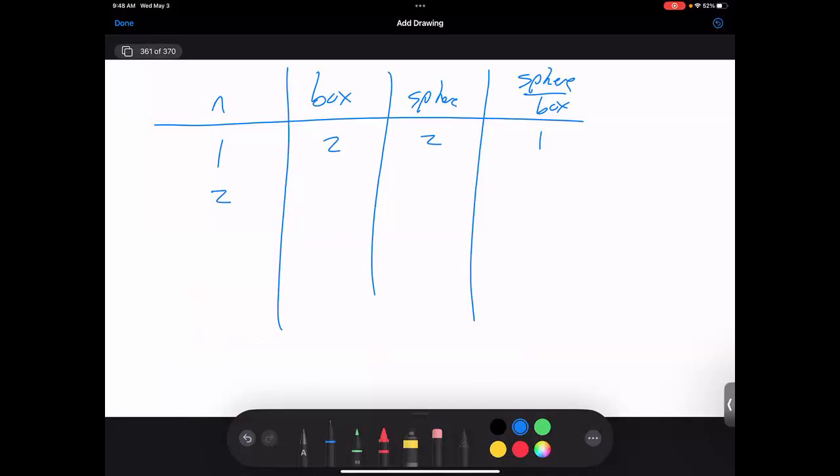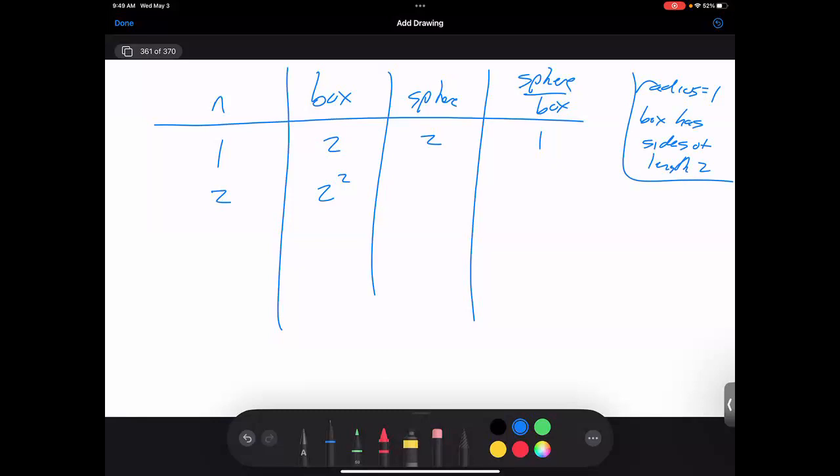When we have a two-dimensional object, we have a square. What's the area of a square where the side is of length 2? 2 squared. And what's the area of the sphere? So I'm always choosing things so that the radius equals 1. So the box has sides of length 2.